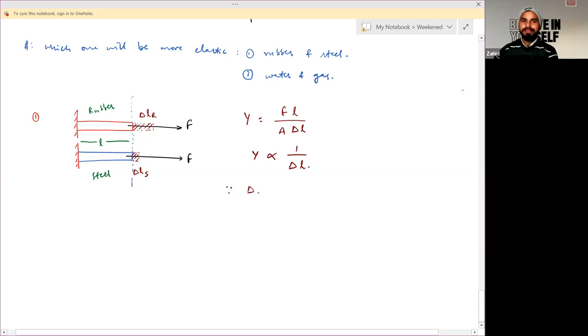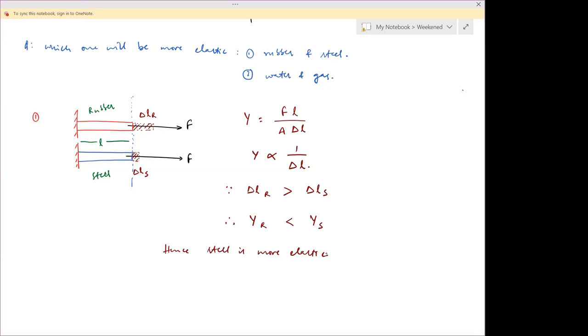Since delta L in rubber is greater than delta L in steel, the Young's modulus of rubber will be less than the Young's modulus of steel. Hence, steel is more elastic. Is it clear?